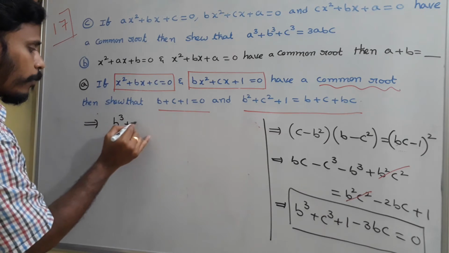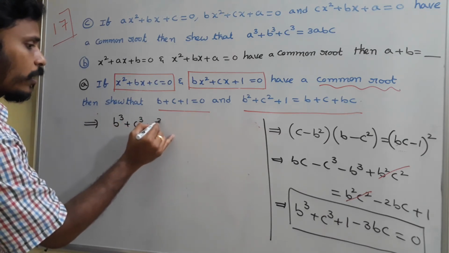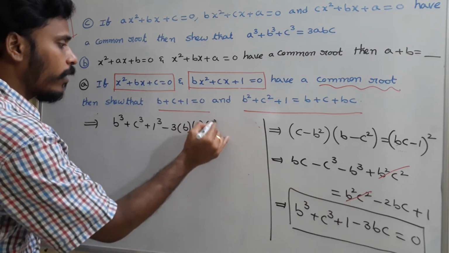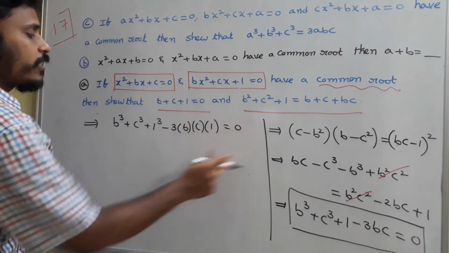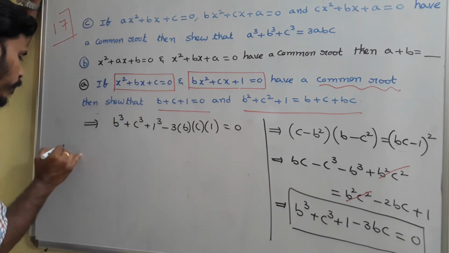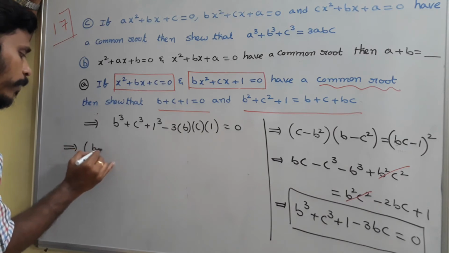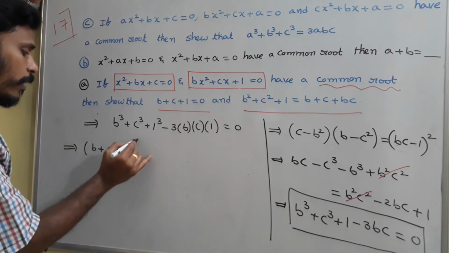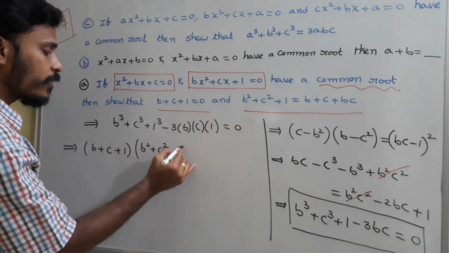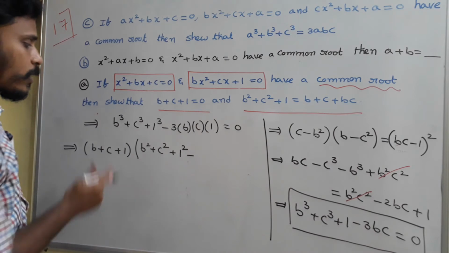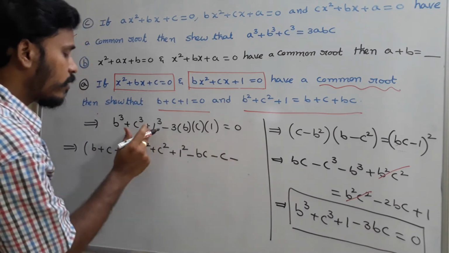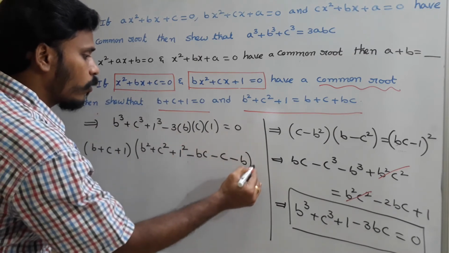b cube plus c cube plus 1 cube minus 3 times b into c into 1 equals 0. So it is just of the form x cube plus y cube plus z cube minus 3xyz. So that implies (x plus y plus z), so (b plus c plus 1), into (x square plus y square plus z square minus xy, in the sense bc, yz in the sense c, zx in the sense b) equals 0.